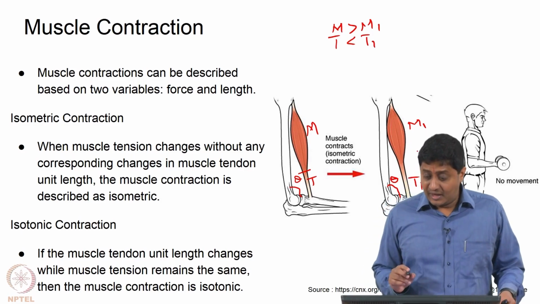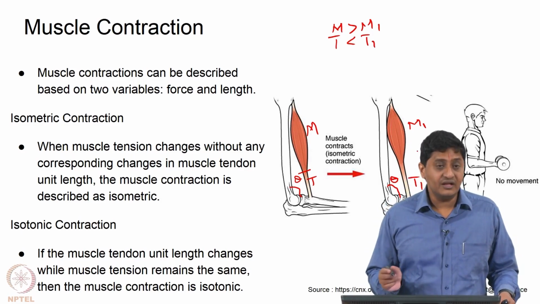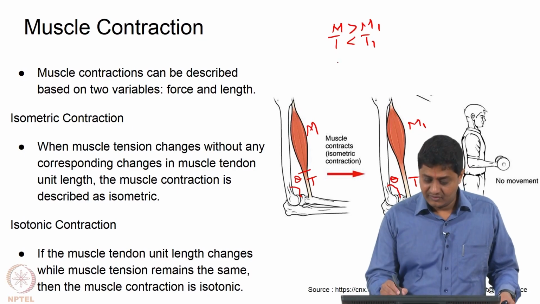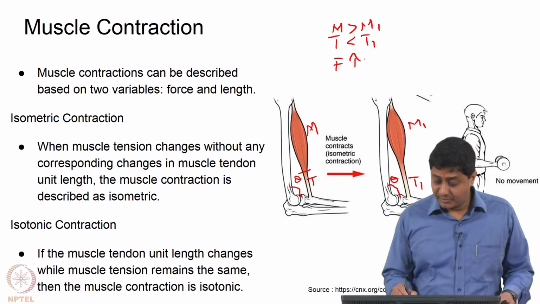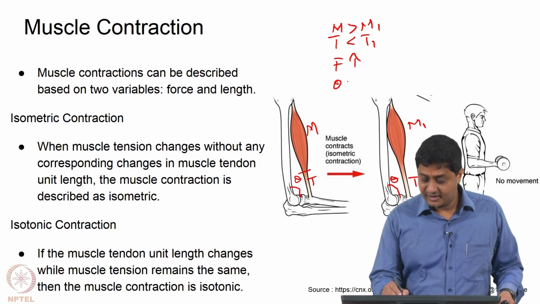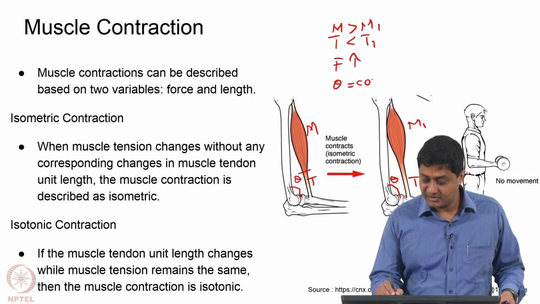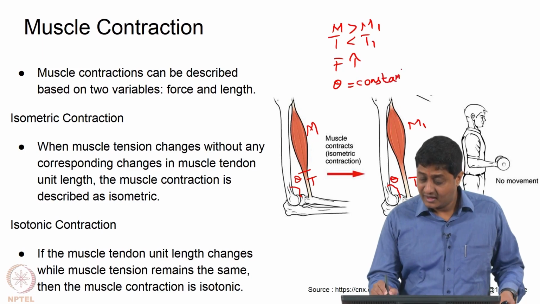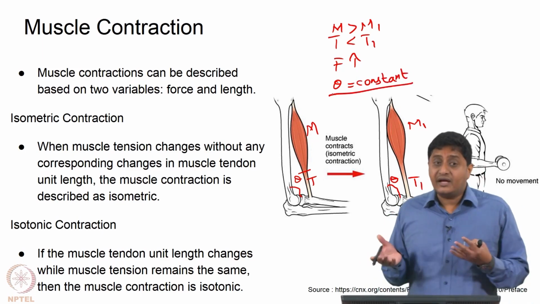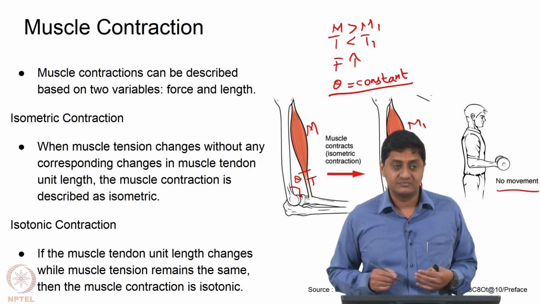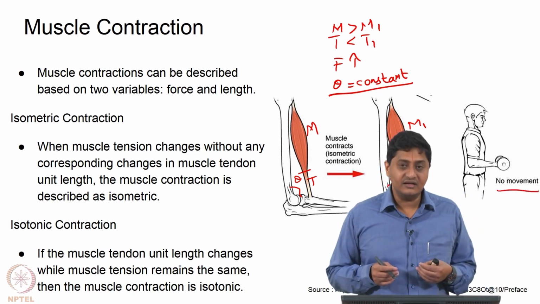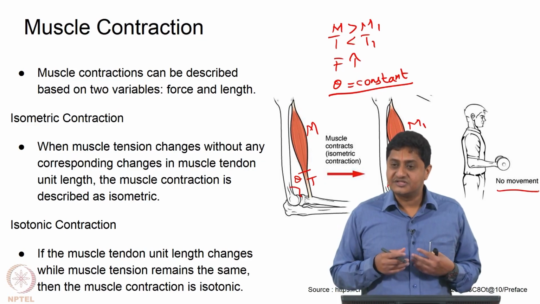In that case, what will happen is that the force will increase, force increases in this case, but what happens to theta itself? Theta remains a constant between the two cases. So, this is the key, that the joint angle does not change, there is no movement that is produced, yet force is changing.